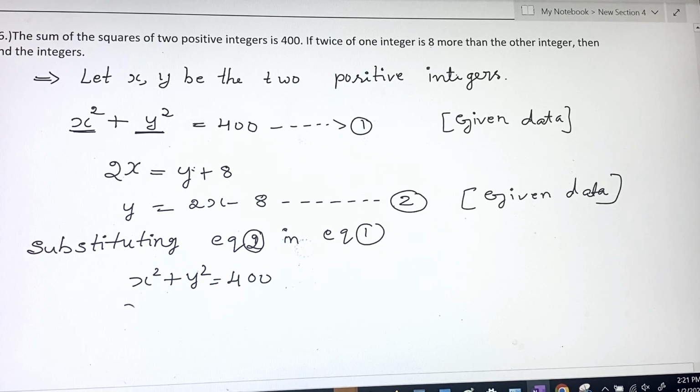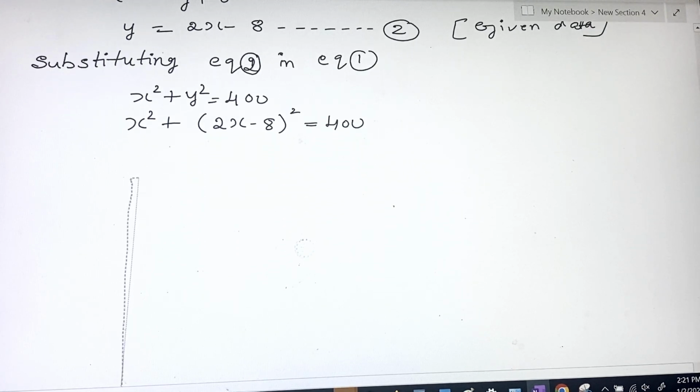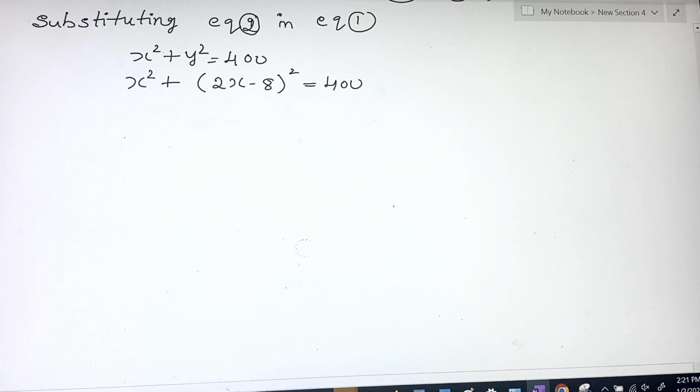So write x square as it is, plus y square, which is 2x minus 8 whole square, is equal to 400. Now we need to simplify this equation.